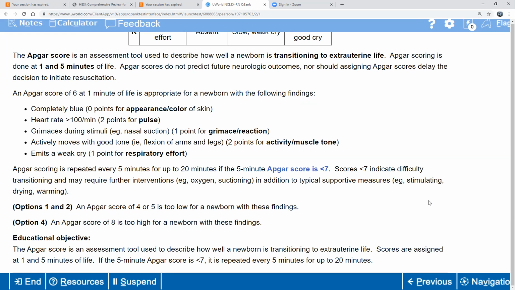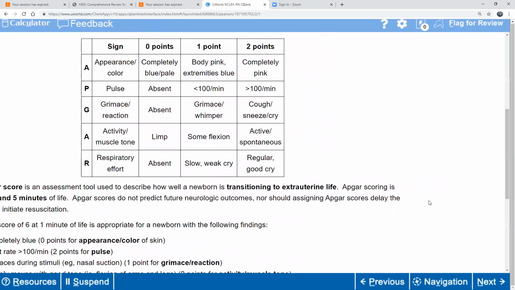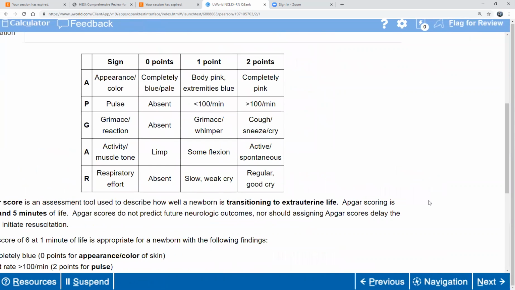Not all charts are equal, but they're going to test you according to your author. So just pay attention to the one in your book to see if it matches this.